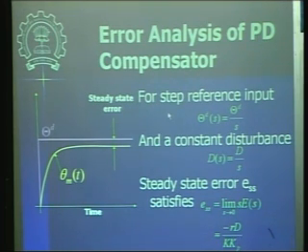Commanding the manipulator to go from the initial position to the final position means that you are giving some kind of a step input in theta d. The desired position goes from whatever initial position to a fixed final position, so it is a step we have to take. Now let us have a look at the steady state error.